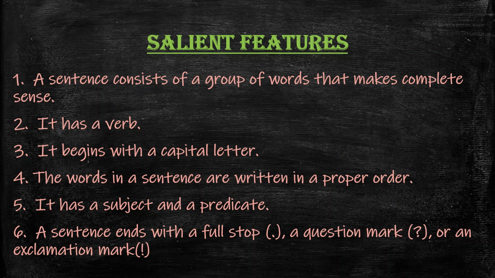A sentence ends with a full stop or a period, a question mark, or an exclamation mark according to the type of sentence it is. We will study about it in detail further.